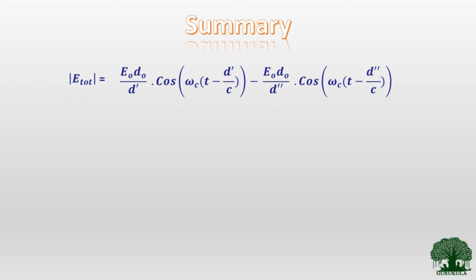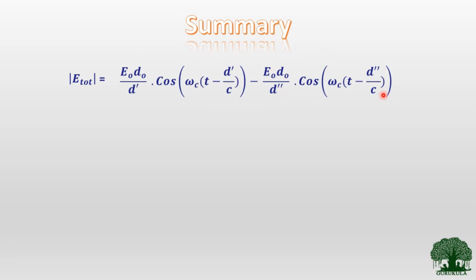So just to summarize what we have seen, we have computed the value of the E field total received at the receiver side. E total can be given by E naught d naught divided by d prime cos of omega c times (t minus d prime by c) minus E naught d naught divided by d double prime cos of omega c times (t minus d double prime divided by c), where the first term represents the E field of the line of sight signal and the second term represents the E field of the reflected signal.